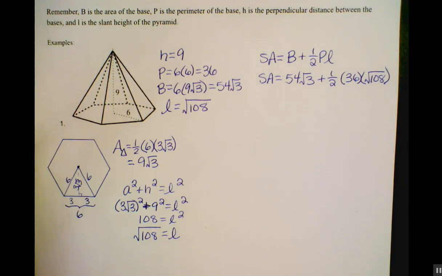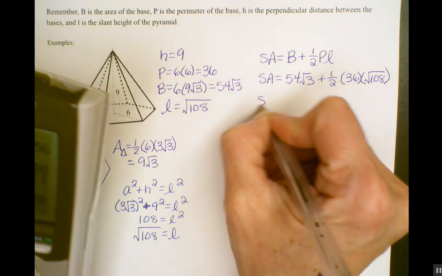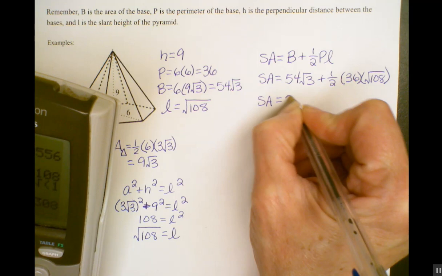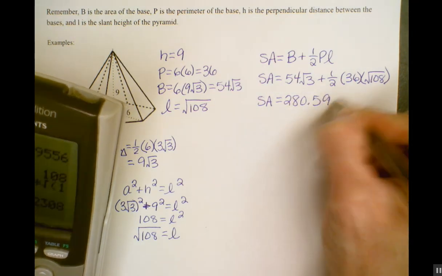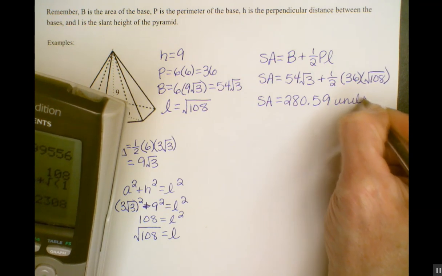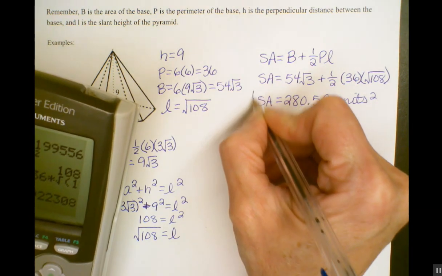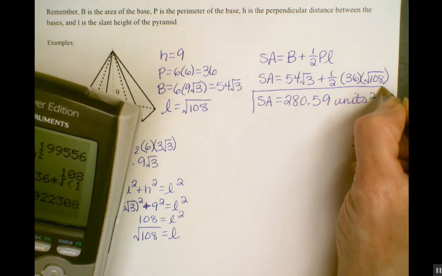Type that directly into the calculator. And we get a surface area of 280.59 units squared.